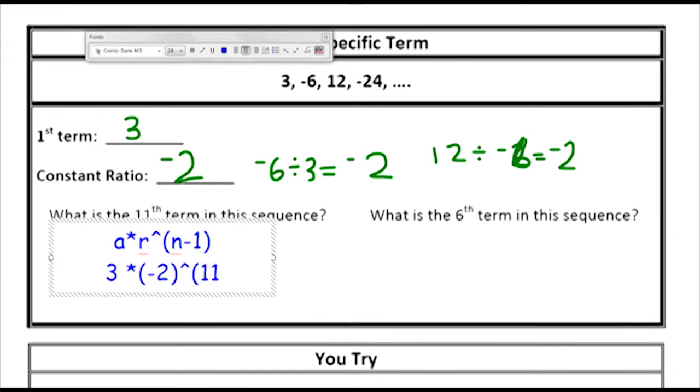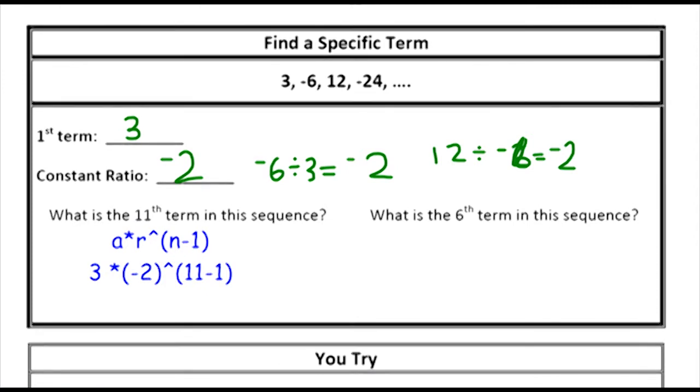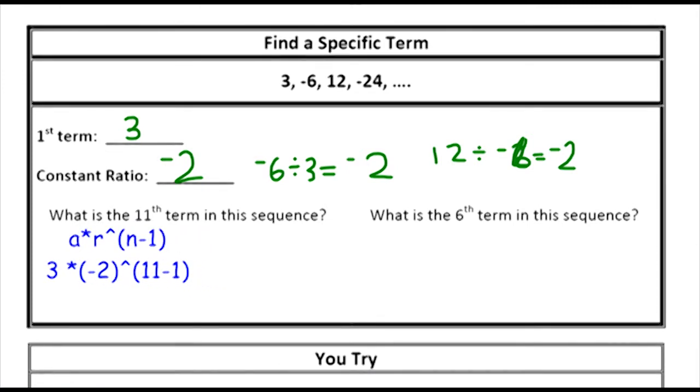I just do order of operations. I take care of my exponents first. Now, inside my exponents, there's actually a parenthesis. So 11 minus 1 is 10. So I evaluate, and I rewrite. Negative 2 to the 10th power. Now I'm going to take care of my exponents.